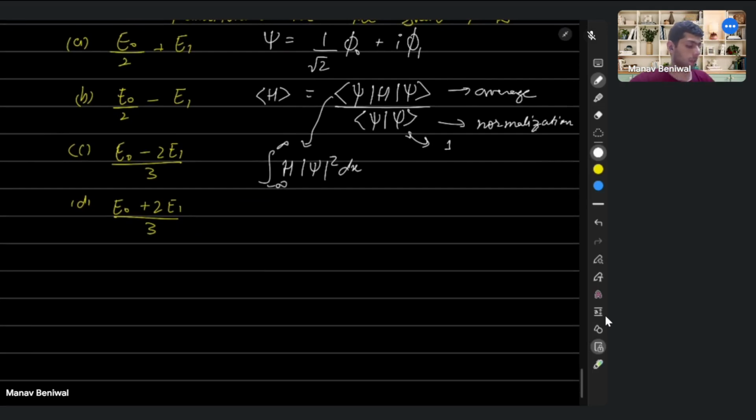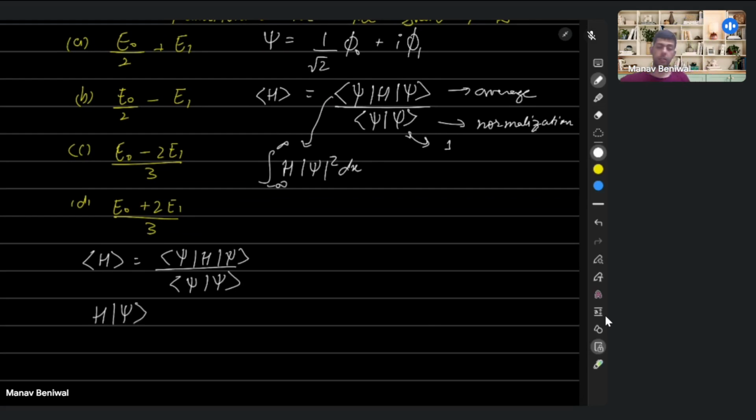Anyway, let us rewrite this again here: psi H psi over psi psi. Let's first compute H of psi. So this will be nothing but H of 1 by root 2 times phi naught plus iota phi 1.